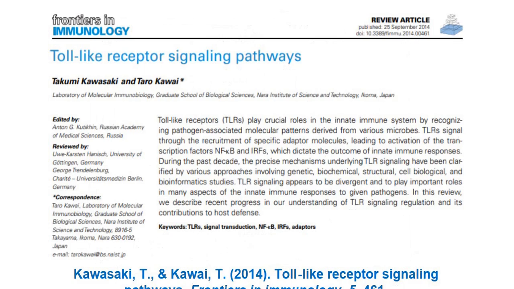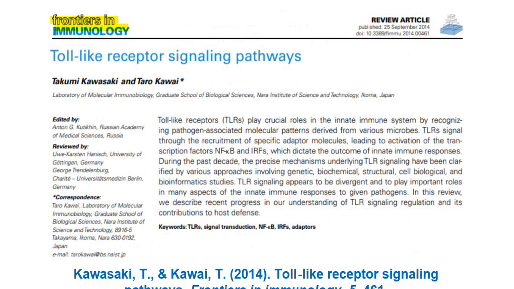So what is the history of TLRs? It all began in a 2014 paper. Of course, the Nobel Prize was much earlier, but I have the 2014 paper for you. It was published in Frontiers in Immunology.